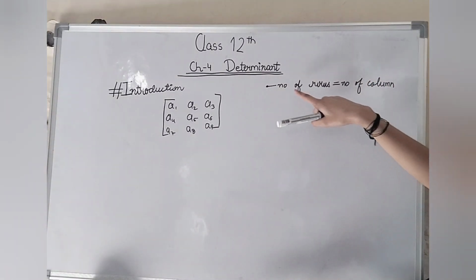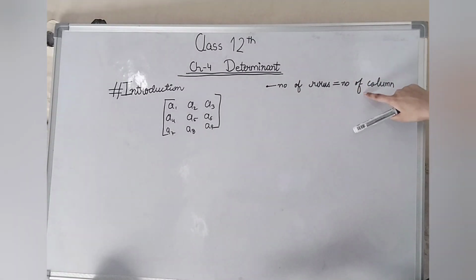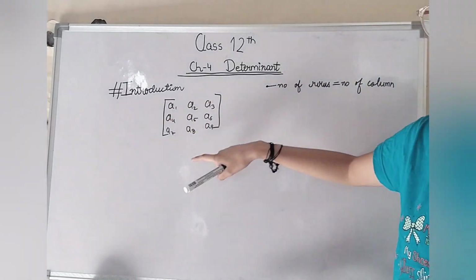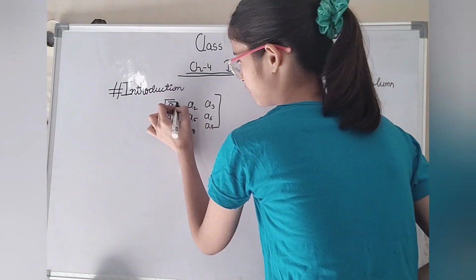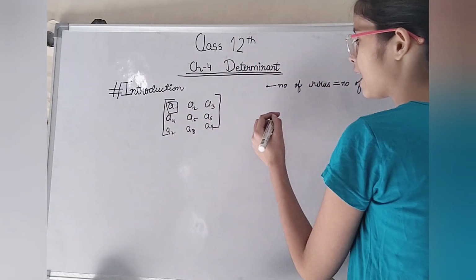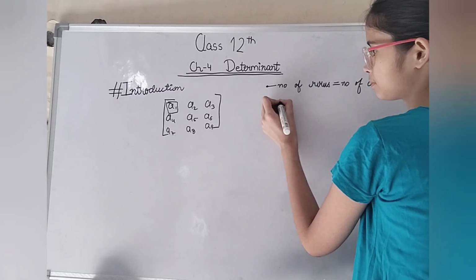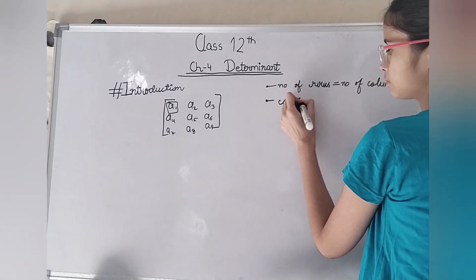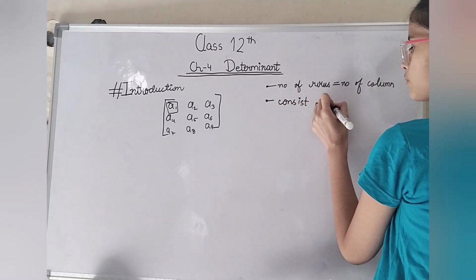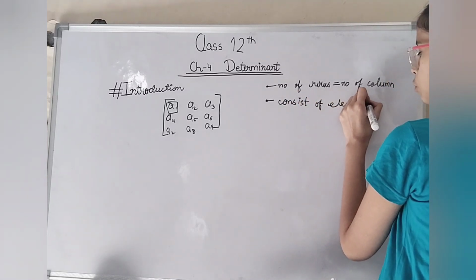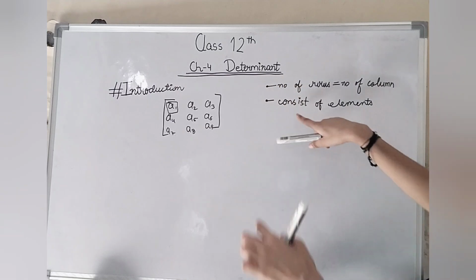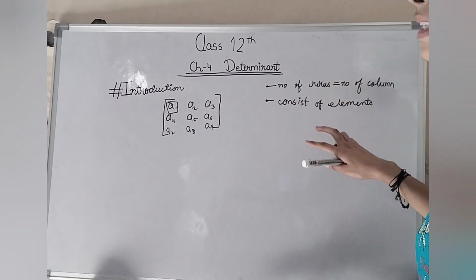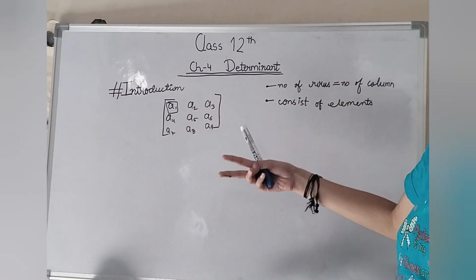Here you can see that the number of rows are equal to the number of columns, and each A that we have written is called the element. So we can say that our determinant consists of elements that vary from each other.